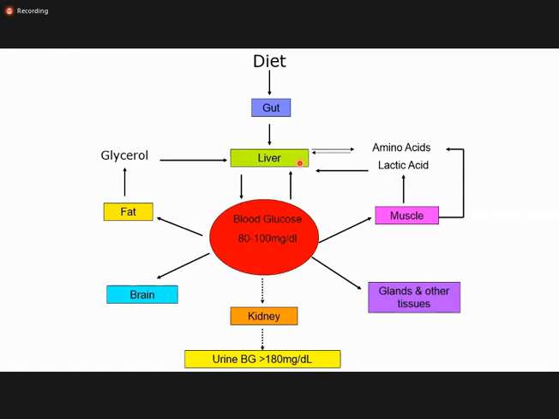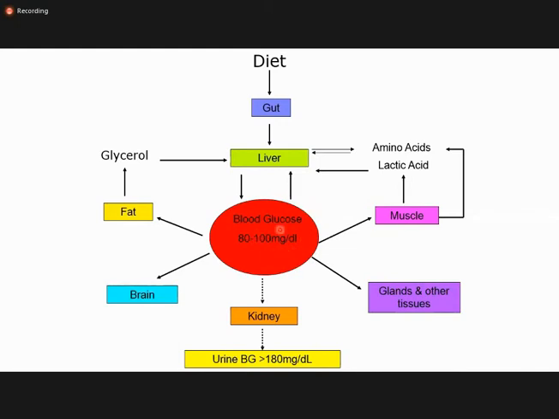The carbohydrates can synthesize amino acids, and there is a pool of blood glucose which is maintained within the narrow limit of 80 to 100 milligrams per dl. This is the normal range of blood glucose concentration in a normal healthy adult.